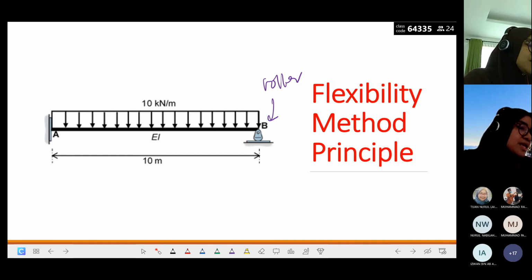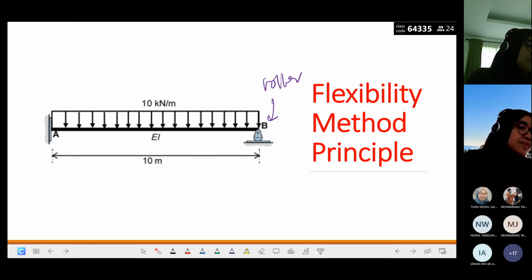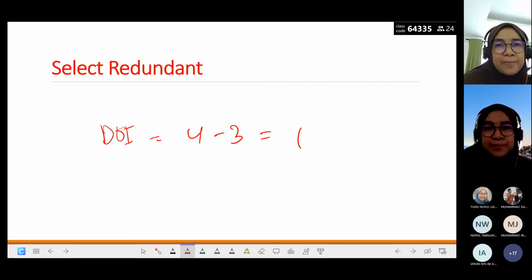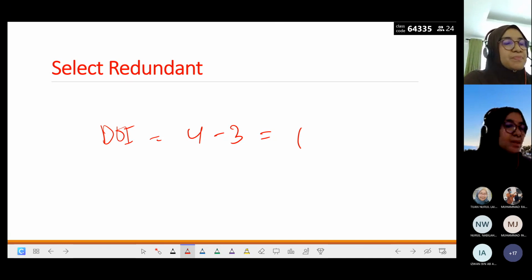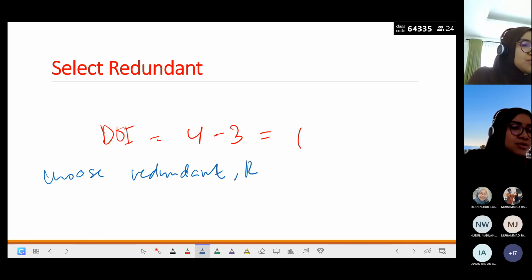In order to analyze this beam, what is most important here is number 1, select the redundant. Looking at this, there are 4 unknown reactions, 1, 2, 3, 4, and 3 equilibrium equations. So the degree of indeterminacy is 4 minus 3, which is equal to 1, and we have to choose a redundant, let's say R. Let's say we choose BY as the redundant.